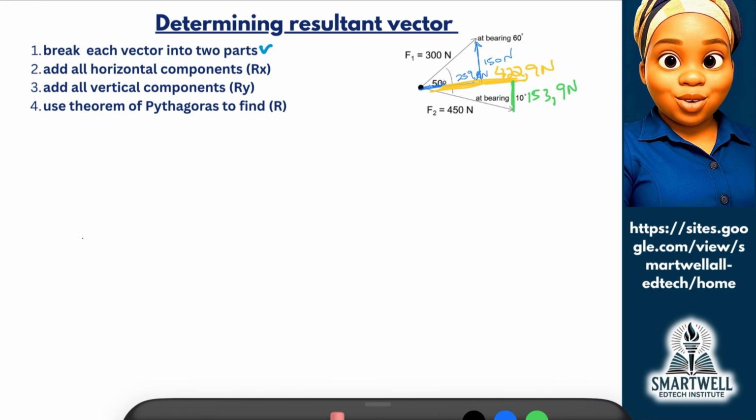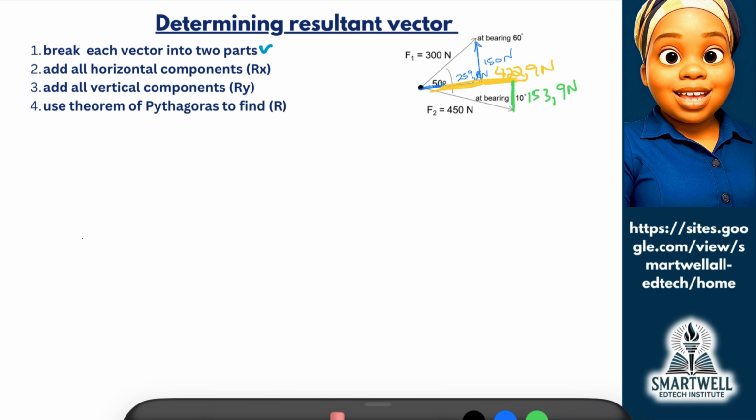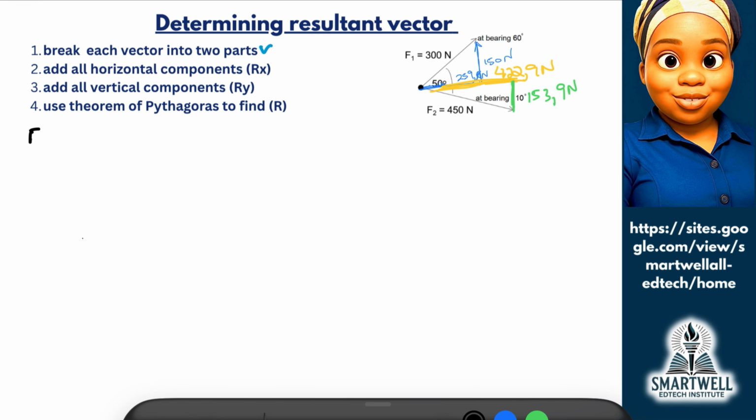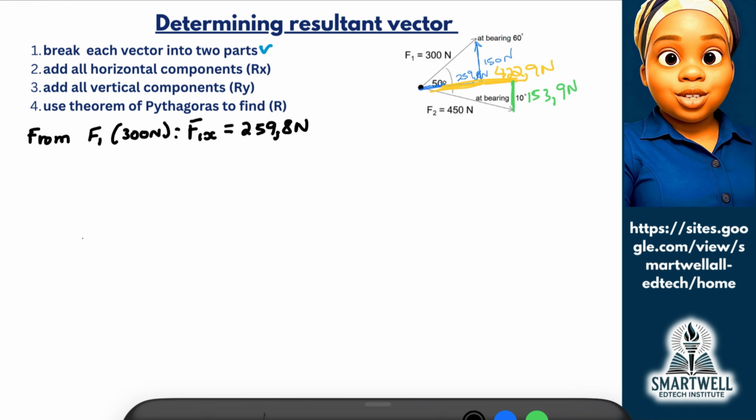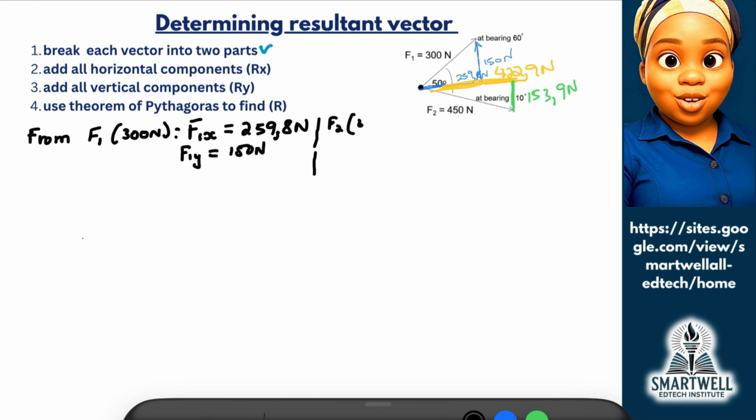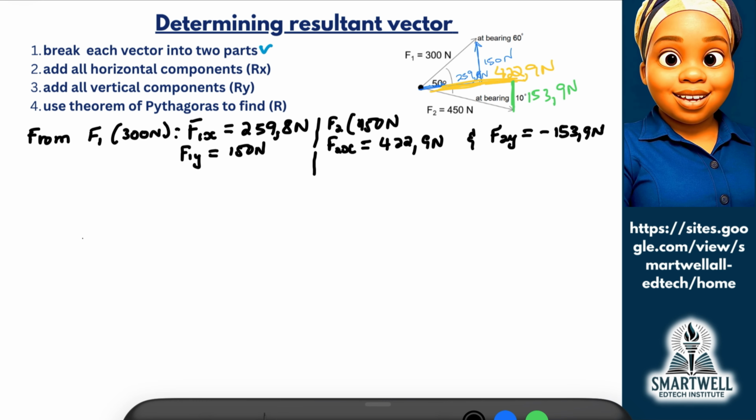Now that we have done that, we proceed to combine these components. According to the rule, we add all horizontal components to find Fx and all vertical components to find Fy. From F1, the horizontal component was 259.8 newtons and the vertical component was 150 newtons. From F2, the horizontal component was 422.86 newtons and the vertical component was 153.91 newtons. Now be careful with this one because it is pointing in the negative direction.